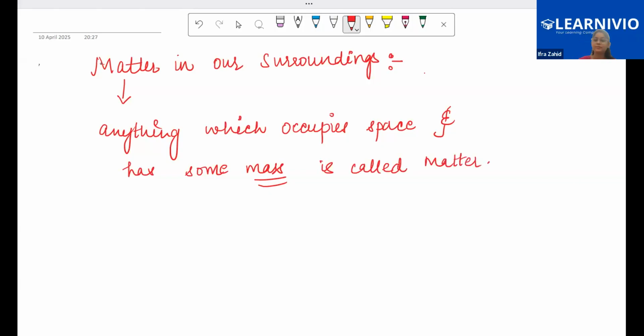Now, example can be anything around you. This pen is matter. You are matter. The laptop on which I am teaching and you're studying is matter. Anything around you which is taking up some space and has any amount of mass is called matter. Is it clear? Yes, ma'am.